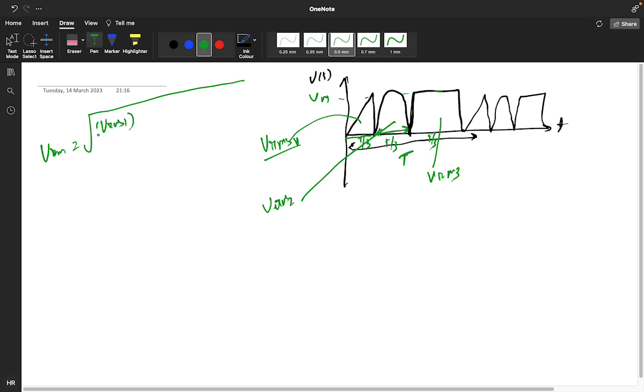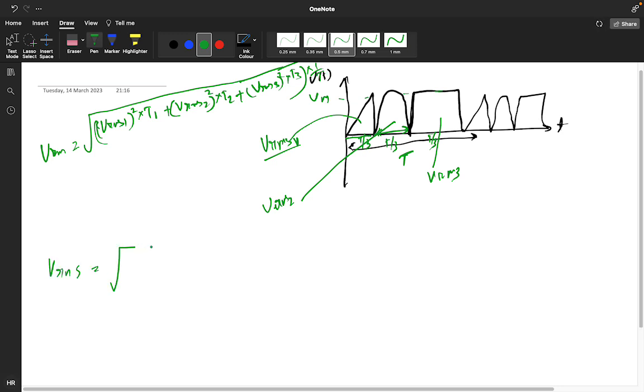Vrms 1 whole square into T1 plus Vrms 2 whole square into T2. Yesterday I missed this T1 point. And Vrms 3 whole square into T3, divided by the overall time period. So what will be the answer?